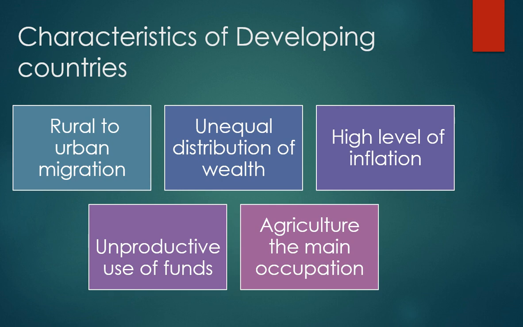most of the people who are working in the agriculture sector are called disguised unemployed. They are working in the field, but they are not producing anything. Whenever you visit rural areas, you can see that in a field multiple women and men are working in the same field, and when you take some of these laborers out of that field, it will not affect the production level of that field.